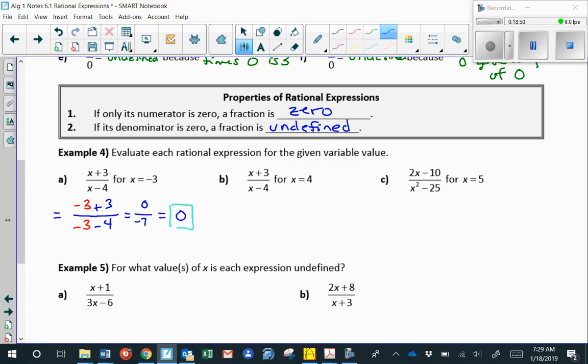In example 4b, x is 4, so I'm going to replace the x's with 4. And we get 7 over 0, which is undefined because we know that when the denominator of a fraction is equal to 0, the fraction is undefined. In C, let's plug in the number 5 for x.